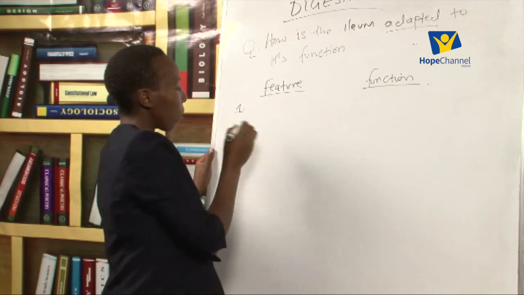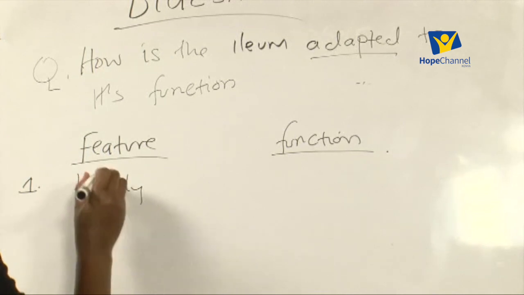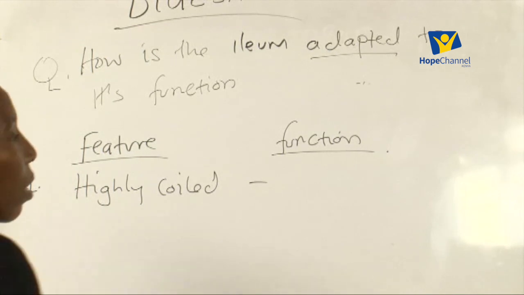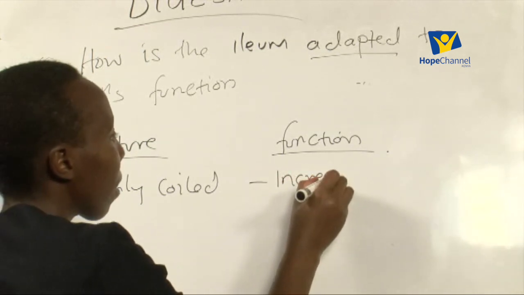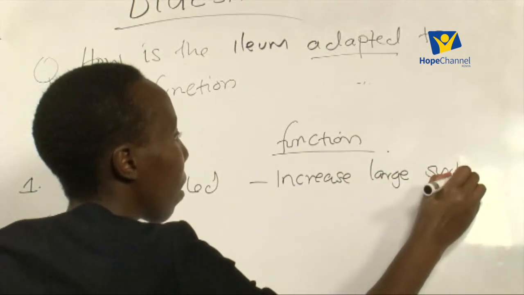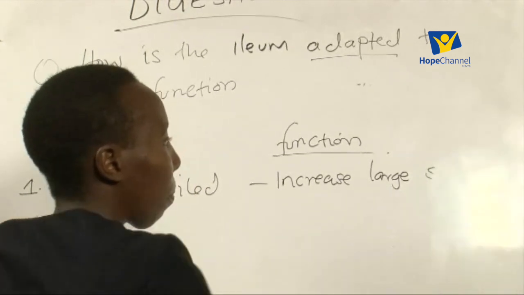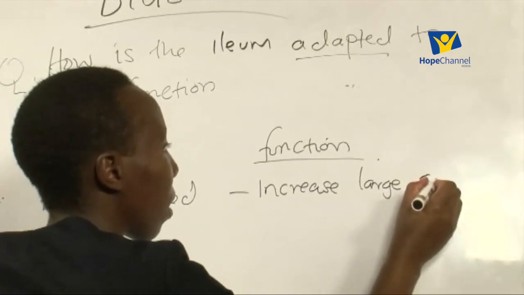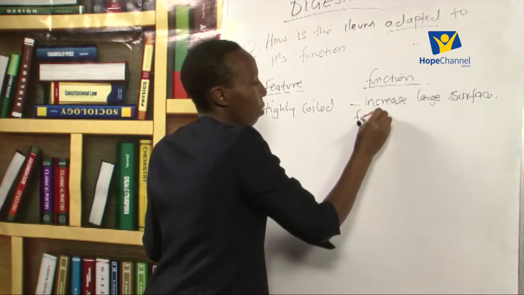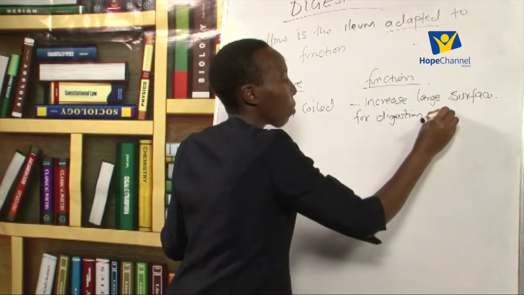So the first special feature we say is that the ileum is highly coiled to increase the large surface area for digestion and absorption.